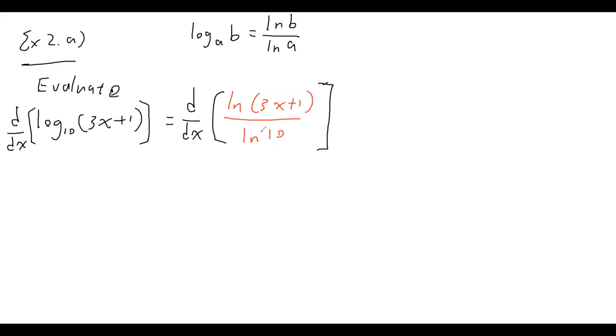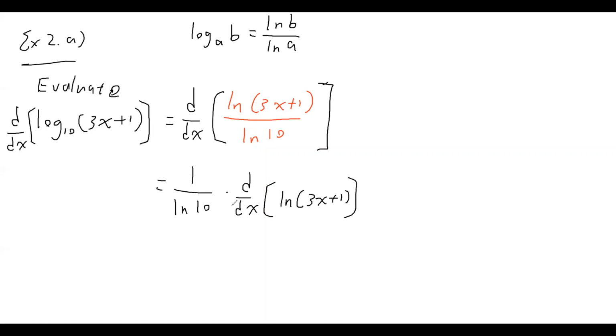And the nice thing here is, if you look at the denominator, ln of 10 is just some constant. So we don't have to worry too much about it, and we can just bring it out of the derivative, leaving it on the outside, and then multiply by the derivative of ln of 3x plus 1.